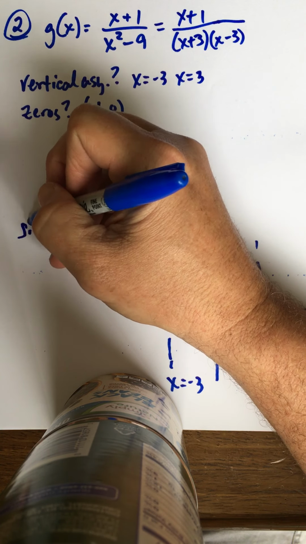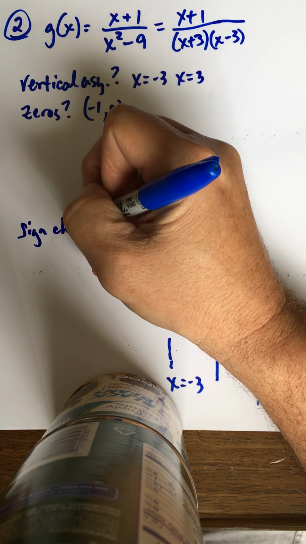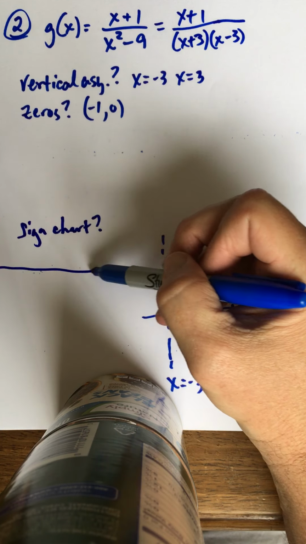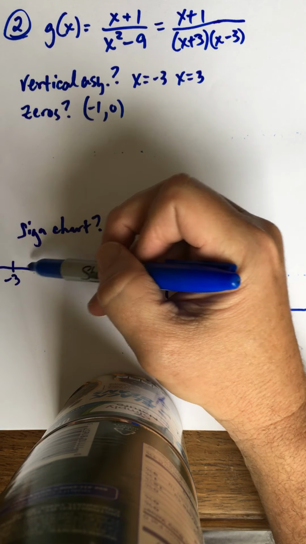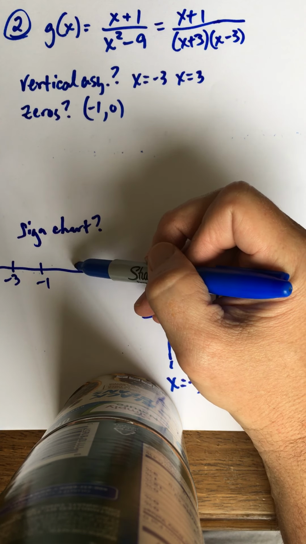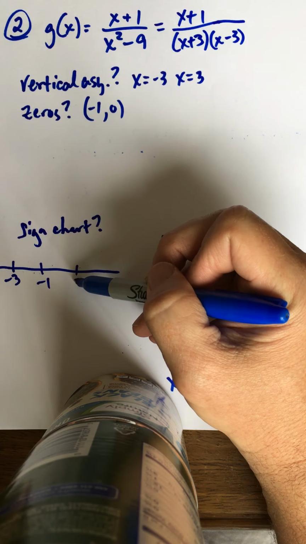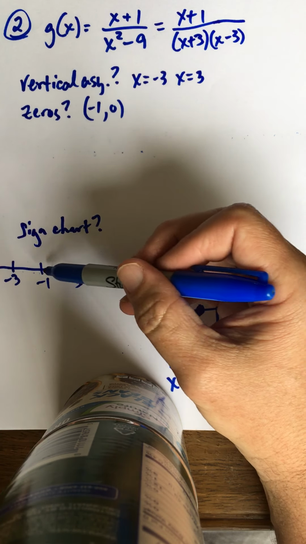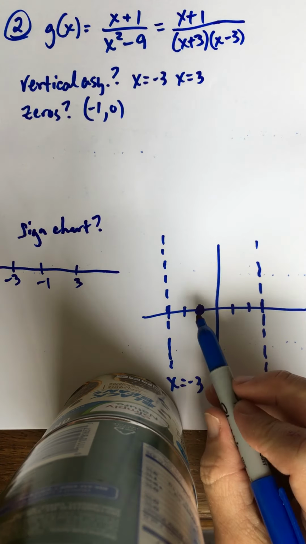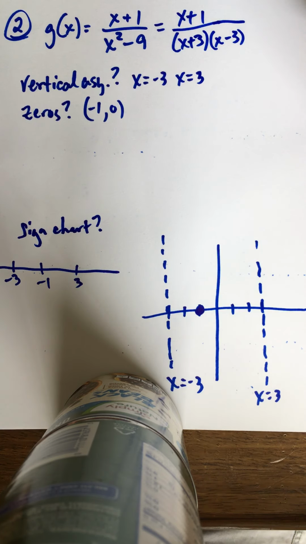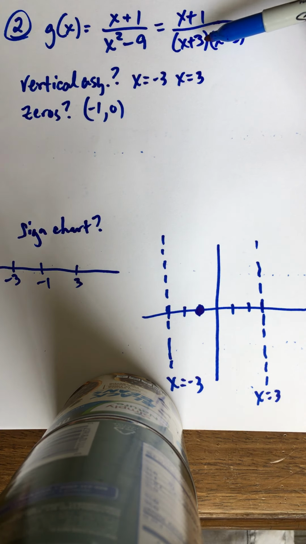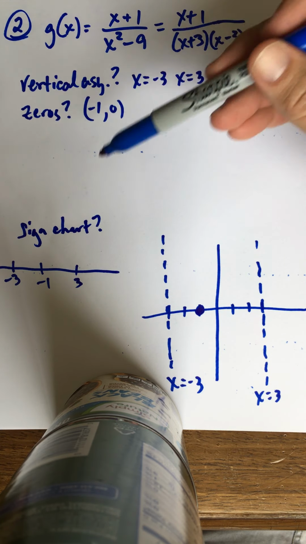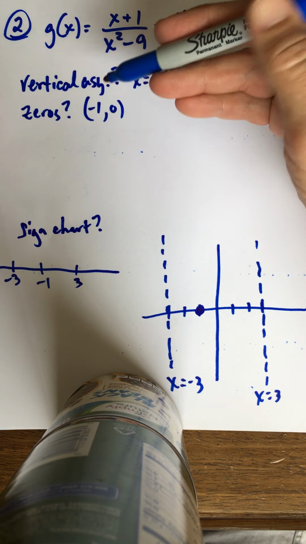So let's just kind of jump ahead. For the sign chart, the numbers that we're going to be checking are negative 3, negative 1, and 3. Something less than negative 3, something between negative 3 and negative 1, between negative 1 and 3, and bigger than 3, because that's what happens. Zeros from the top and the bottom are called critical numbers for our sign chart. So those are our critical numbers. So I'll stop there and go back up to what I was doing.